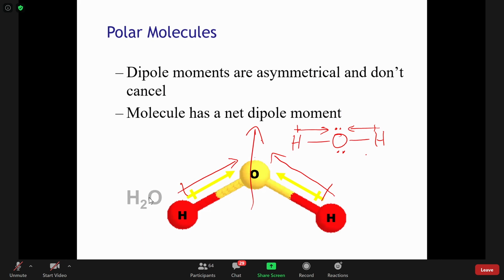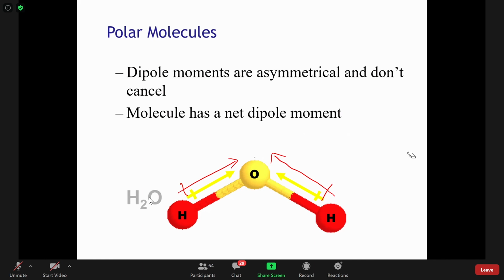pointing in this direction. Water, you must recognize, especially if you're going to go on in chemistry and do any organic chemistry, is in fact a very polar molecule. So this is where the molecular geometry comes in handy, and the Lewis structures don't necessarily tell the whole story. Okay.